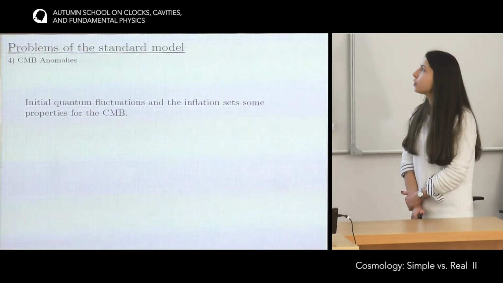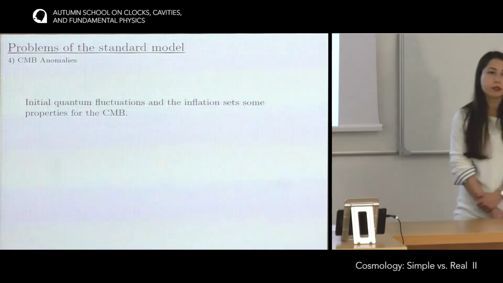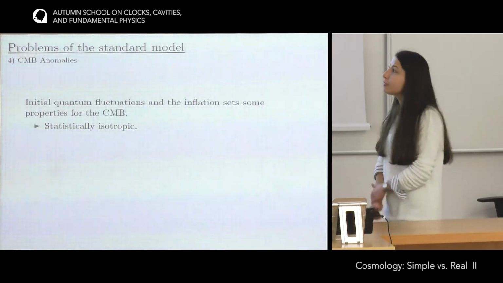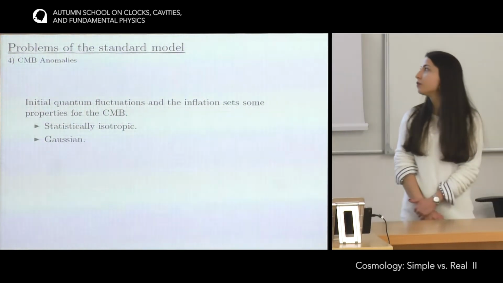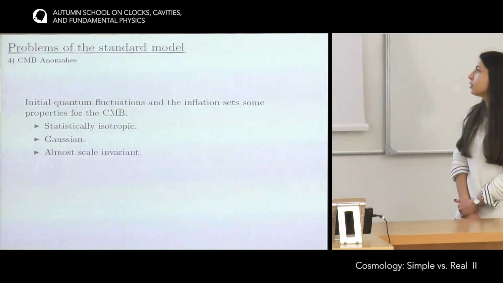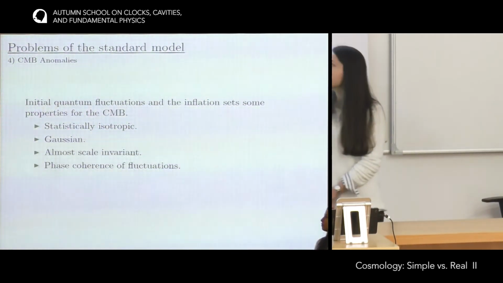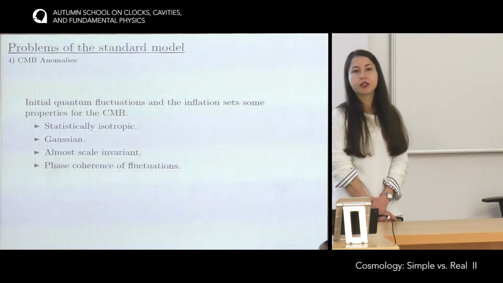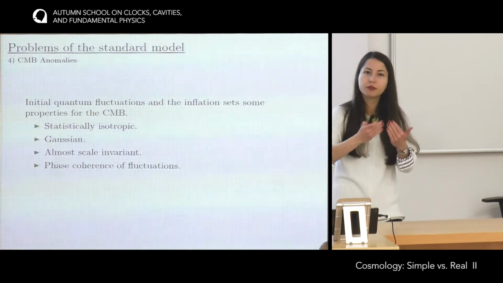So there are some properties for the CMB we expect from the early fluctuations. It should be statistically isotropic, it should be Gaussian with random fluctuations, it should be almost scale invariant, and we expect phase coherence of fluctuations, because we observe the CMB in different frequencies.